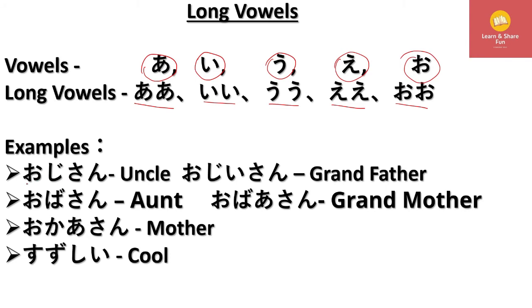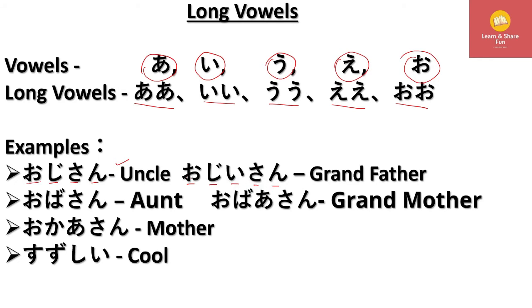The first example is Ojisan. Ojisan means uncle.